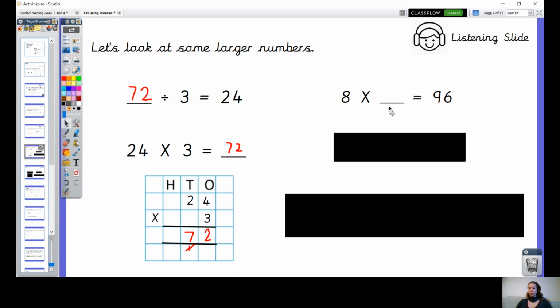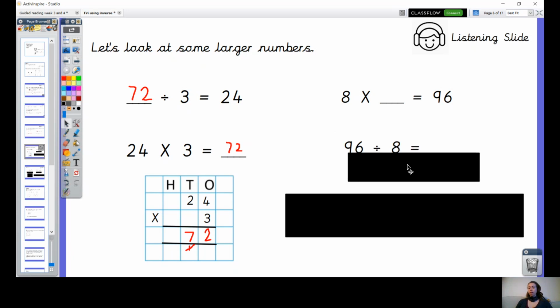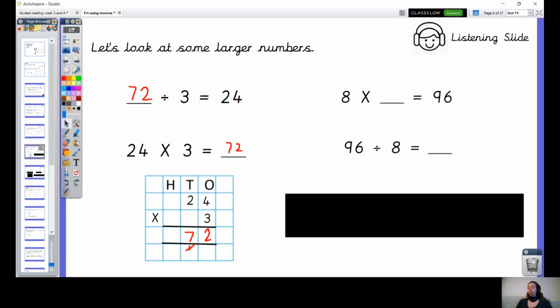Okay, let's have a look at another example here. So this time I've got 8 times something is 96. Ooh, what calculation am I going to be doing here to help me work this out? Have a think. I'm going to use the numbers I've got already to help me. And I'm going to do a division this time because I've got a multiplication here that I don't know the answer for yet.